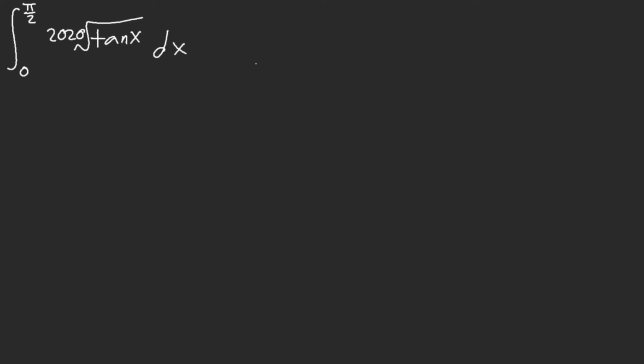Let me show you. If you let u equal tangent x, you should get from 0 to infinity, and you would end up with u to the 1 over 2020, and then the substitution would give us u squared plus 1 at the bottom, right? Okay, so how do we force an Euler's reflection formula on this? So what we do is we just turn this into a linear, or a 1 degree, variable.